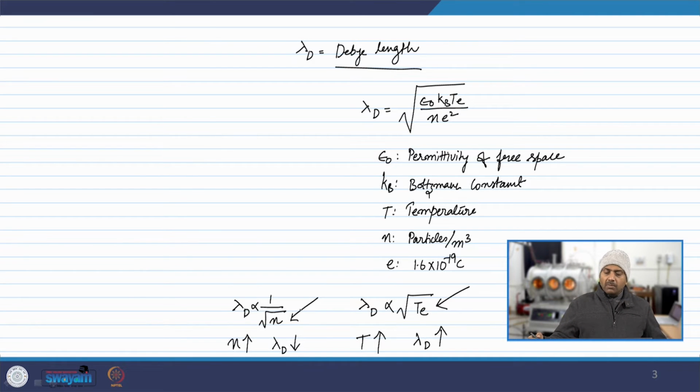So, the remaining parameters, kB, T, epsilon naught and e square, are constants. We know their values. For example, epsilon naught is 8.85 times 10 to the power of minus 12. The charge of an electron is 1.6 times 10 to the power of minus 19 coulombs.